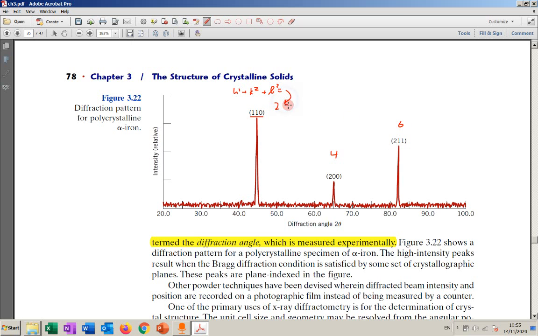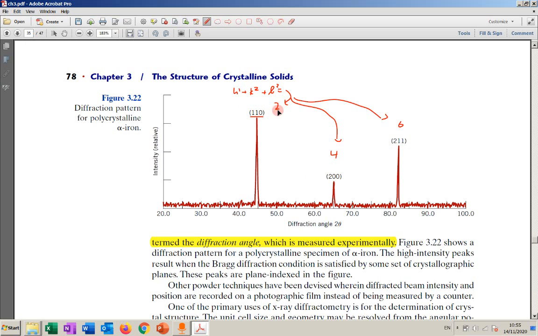Remember, the easiest way is to check their sum, and the first rule: 1 plus 1 plus 0, it's even. 2 plus 0 plus 0, it's even. 2 plus 1 plus 1, it's even. So all of them are even.